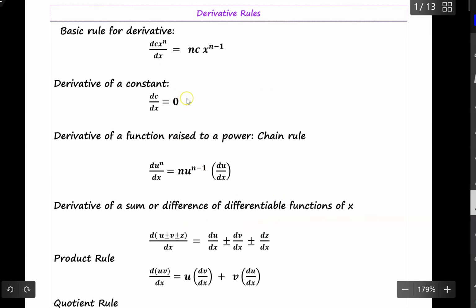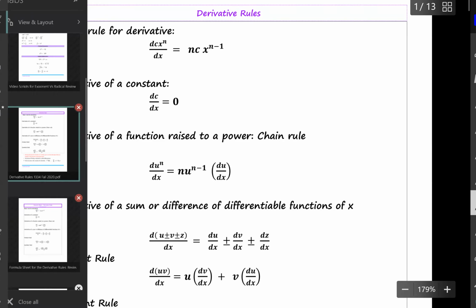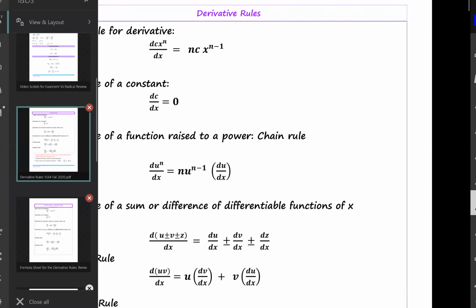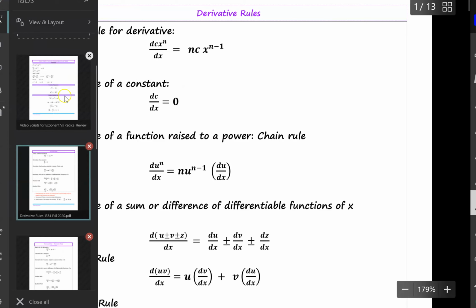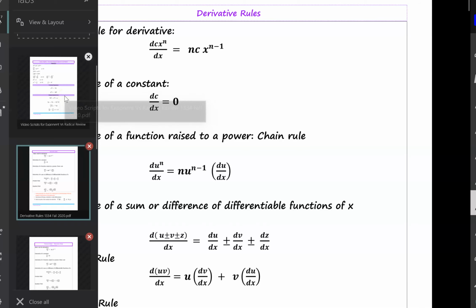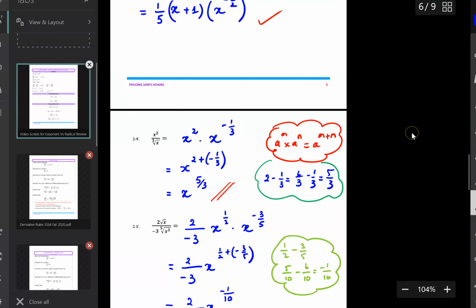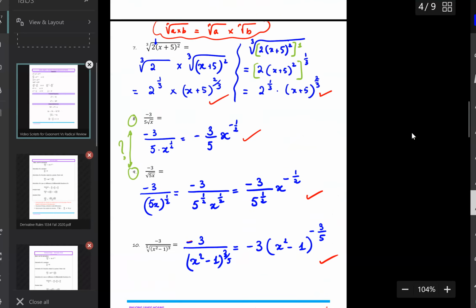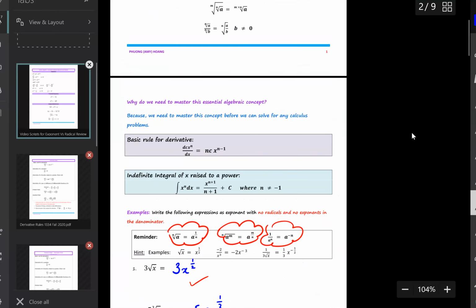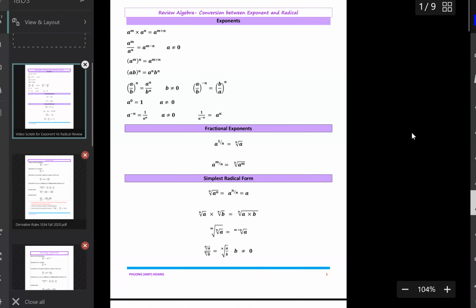Before I get into the very basic rules of derivatives and go over a few examples, I would like everyone to recall what we did in the previous lesson, or previous video. Before we get into derivatives, I asked everyone to work with this lesson right here.